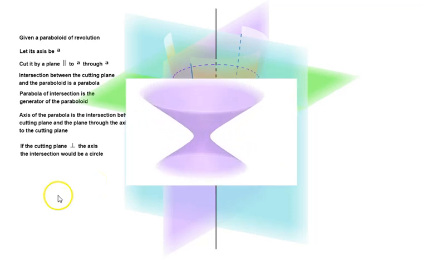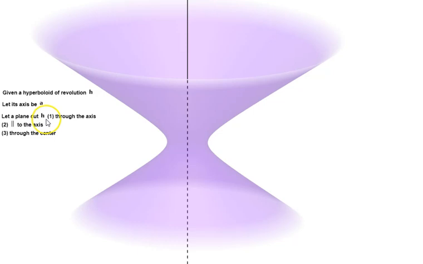Now let us look at the second part of the proposition. Given a hyperboloid of revolution, let its axis be A. Let a plane cut H through the axis, or parallel to the axis, or through the center.